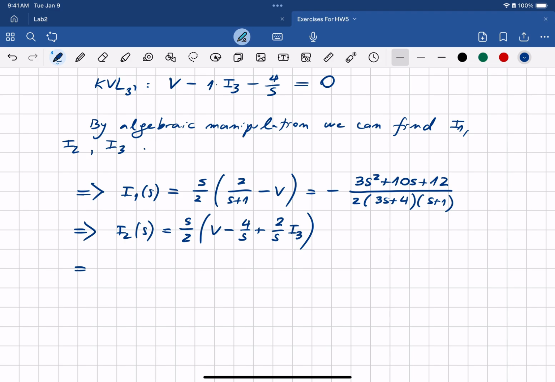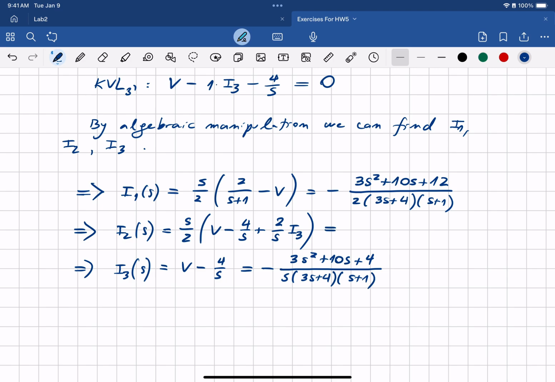So what is I3? I3, according to this, is essentially V minus 4 over s. So I3 is minus (3s squared plus 10s plus 4) over s times (3s plus 4) times (s plus 1).